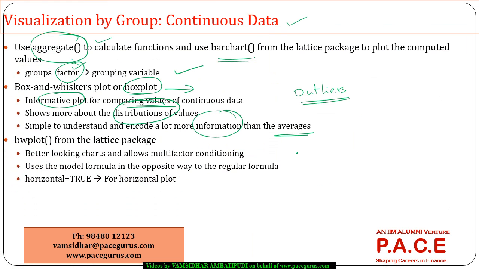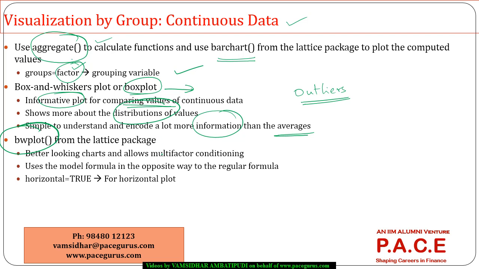The box plot is a very interesting plot, which comes from base R itself. But a slightly better looking box plot comes from the lattice package, called bwplot, and it even allows multi-factor conditioning. Conditioning is one interesting aspect that is a differentiator of the lattice package.